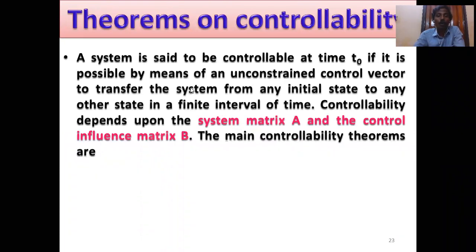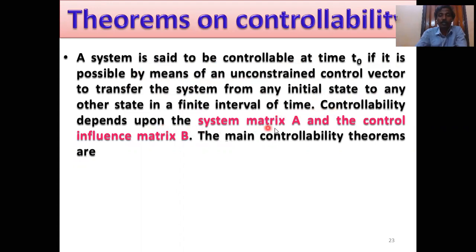Theorem on controllability. A system is said to be controllable at time t0 if it is possible, by means of an unconstrained control vector, to transfer the system from any initial state to any other state in a finite interval of time.